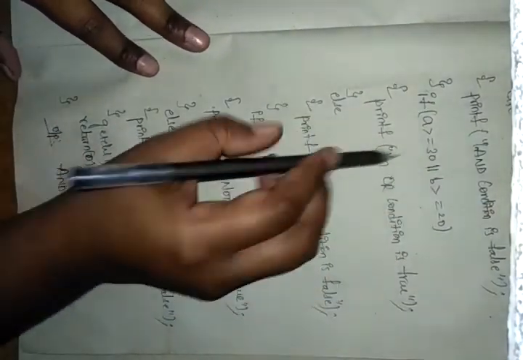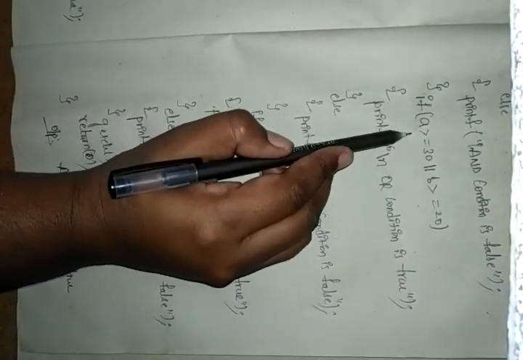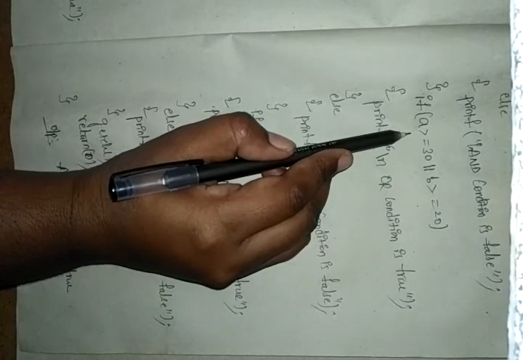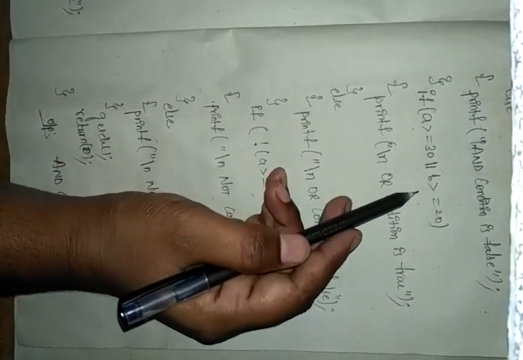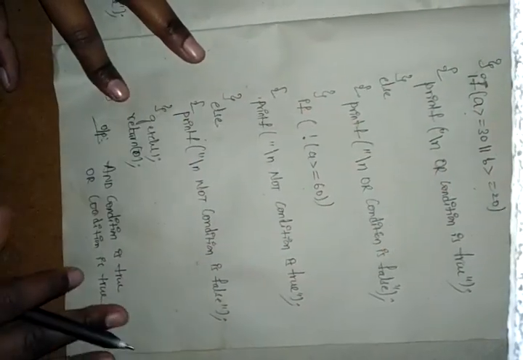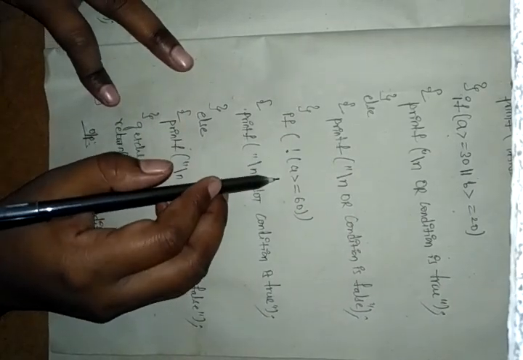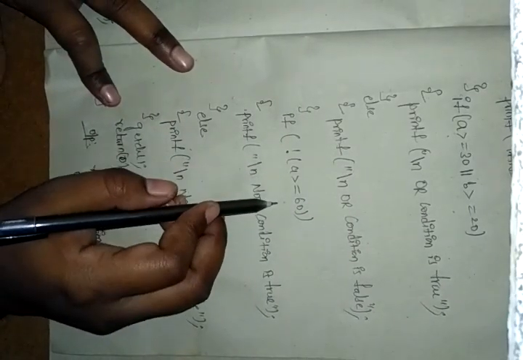And next condition what we have here, a less than or equals to 30, 20 greater than or equals to 30, no. 50 greater than or equals to 20, yes, it is right. Means your or condition is true. So it may be that anyone is true only. And next here, not a greater than or equals to 60.